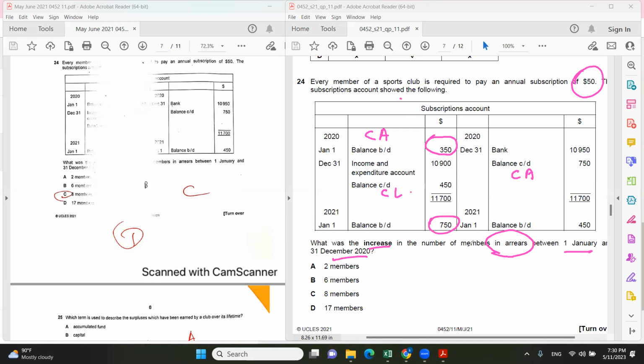Okay, the number of members in arrears between these two. So one person is 50, that means 350 divided by 50, you get 7. Whereas this one, 750 divided by 50, we get 15. So 15 minus 7, we get 8. Ready? Okay, next.